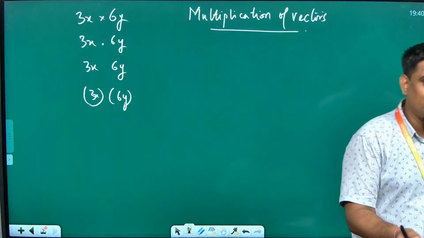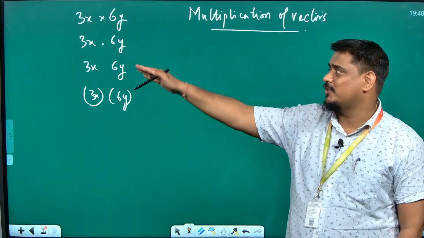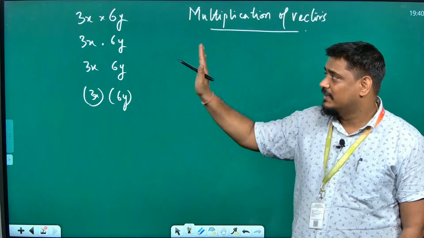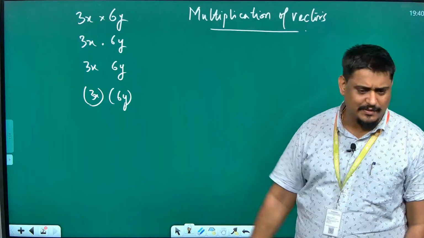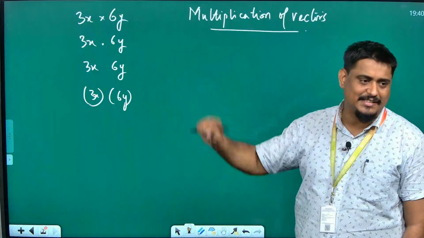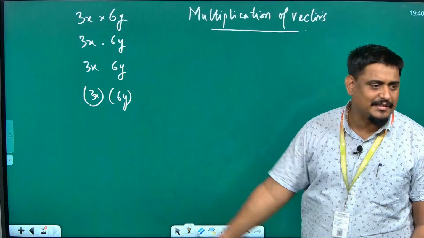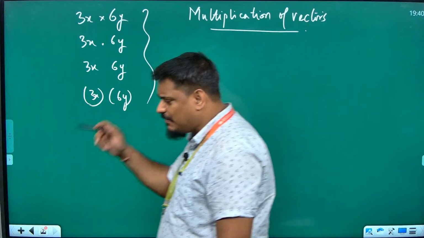From your childhood you are learning that if you have expressions 3x into 6y, 18xy, 3x dot 6y, 18xy, 3x 6y 18xy, 3x 6y 18xy. All these things have the same answer, right?